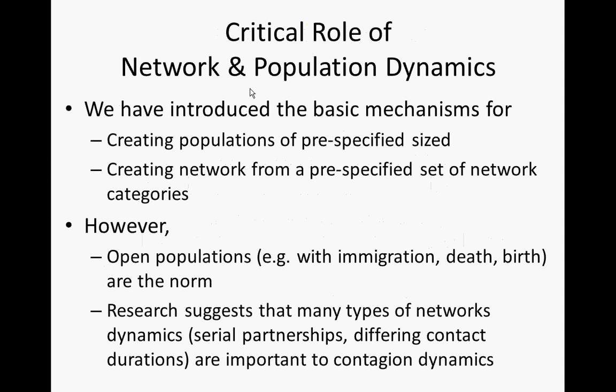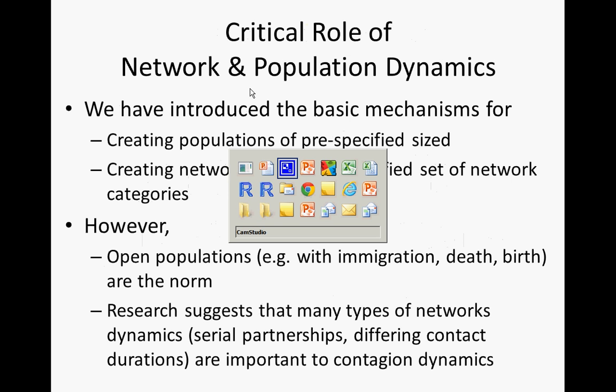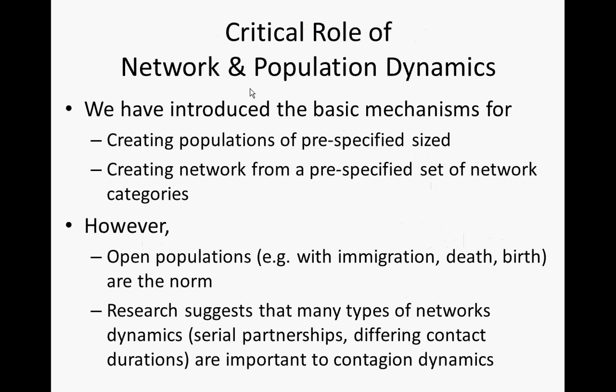So thus far, we have introduced the basic mechanisms for creating populations of pre-specified sizes and creating networks from pre-specified set of network categories on that population. However, in realistic modeling tasks, open populations are the norm. By open, I mean they include vital processes such as birth and death, and processes such as immigration or emigration.